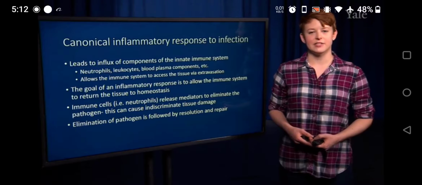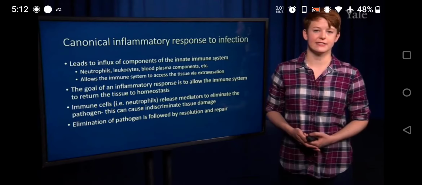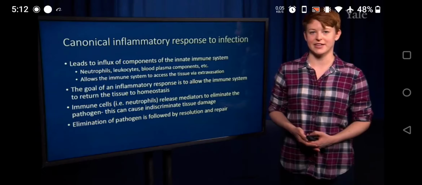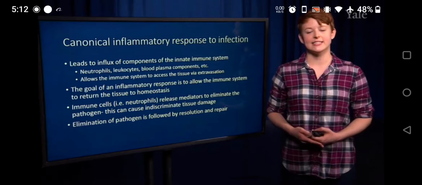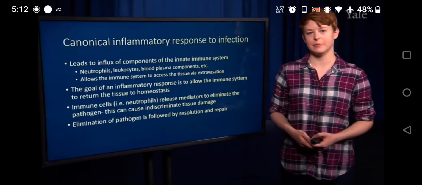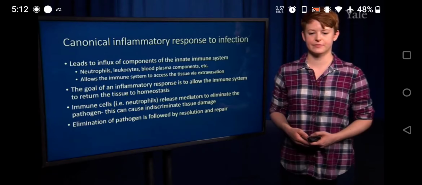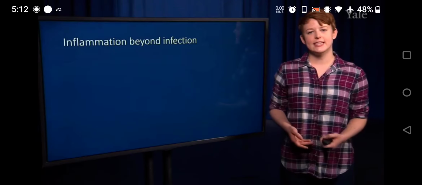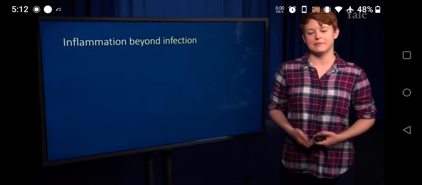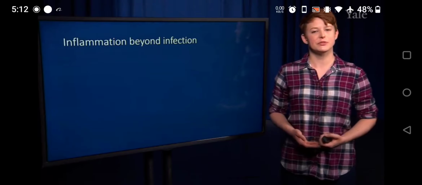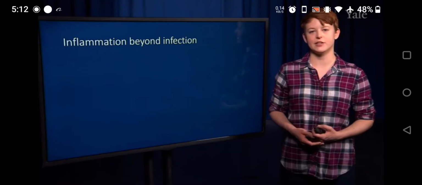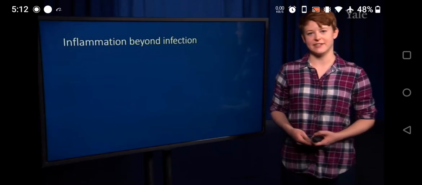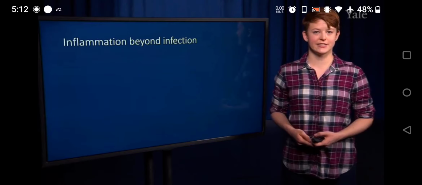And this stage is often mediated by macrophages, especially tissue-resident macrophages, which can sense damage and help repair the tissues. So this is the typical inflammatory state, and it's the most researched state of inflammation, so it's probably something you guys are familiar with from earlier lectures.